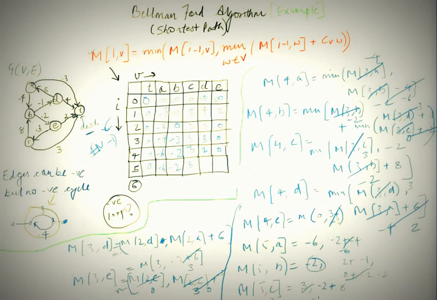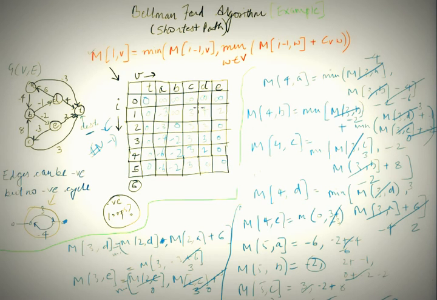M4A has value minus 6 plus the distance DA, which is 6. This is 0, hence this value becomes 0. And finally M5,E is equal to M4,E, which is 0, or E is connected to C, so M4,C is 3 plus the distance EC, which is minus 3. This is 0, so this remains at 0.